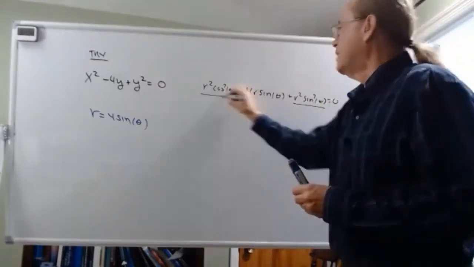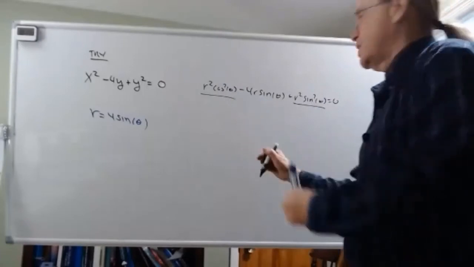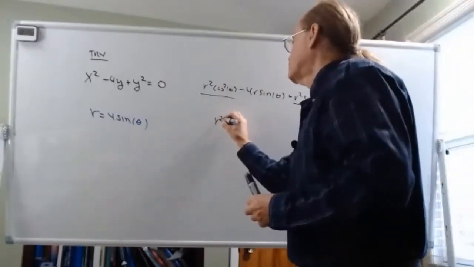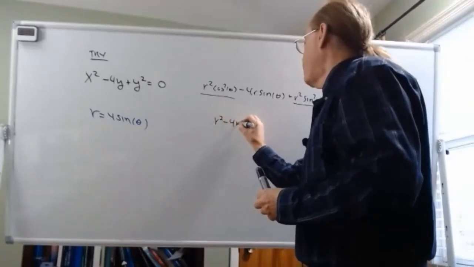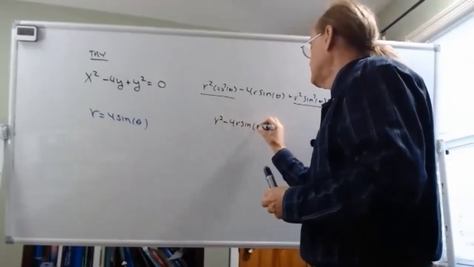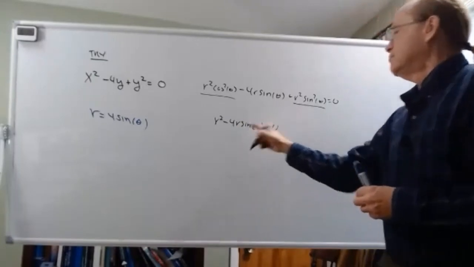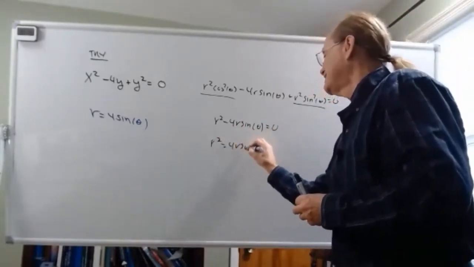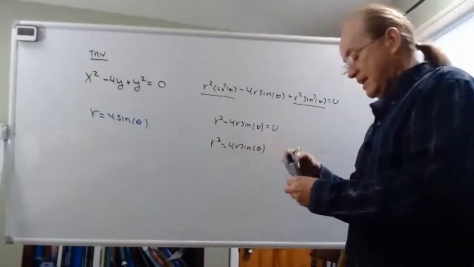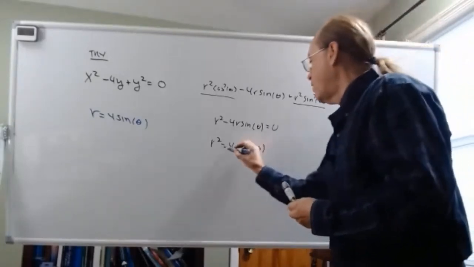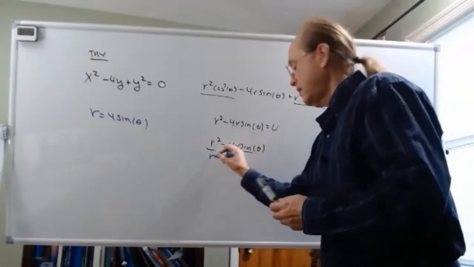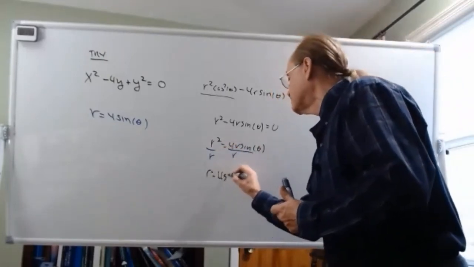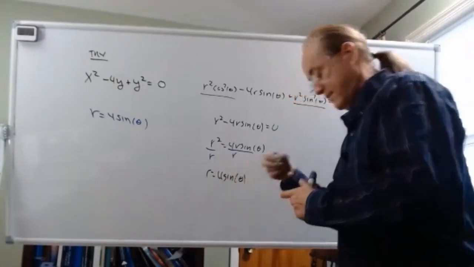Now these two I can combine together to just give me r squared. Cosine squared plus sine squared is 1. I get r squared minus 4r sine theta equal to 0. Move this over. R squared is 4r sine of theta. Then I can simply divide both sides by r. And I get r is just 4 times the sine of theta.